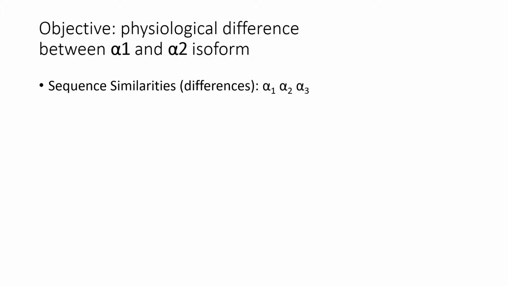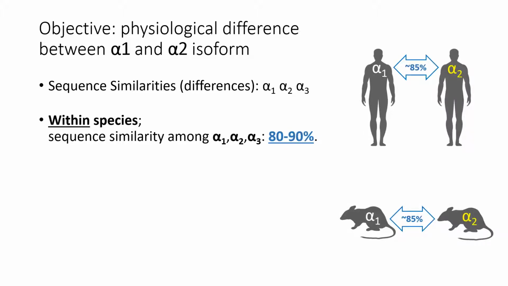Since my project is about the physiological difference between alpha 1 and alpha 2 isoforms, here I'm going to highlight some sequence similarities and differences between these two isoforms. Within a species, it turns out that the sequence similarity among alpha 1, alpha 2, and alpha 3 is between 80 to 90%.